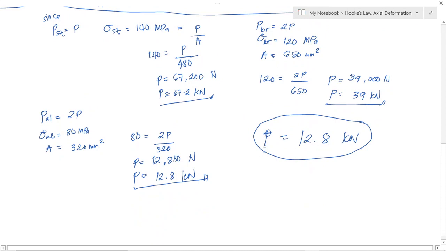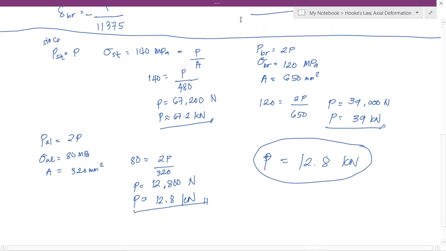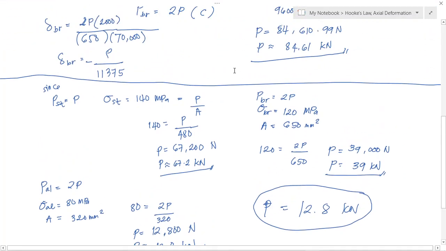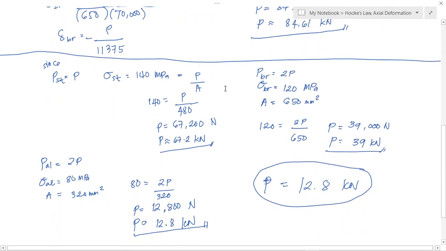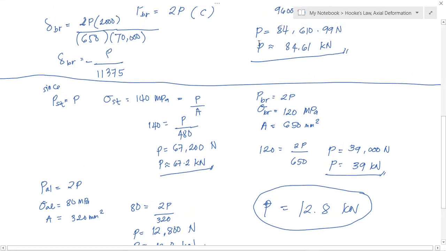Kayang-kaya, hindi mag-exceed. So, if you are required to determine the maximum safe or the largest value of P or ng load, lagi mong pipiliin is the smallest one because kaya ng lahat when it comes to overall deformation and when it comes to the allowable stress. Okay, this is the final answer, 12,800 Newton or 12.8 kilonewton.